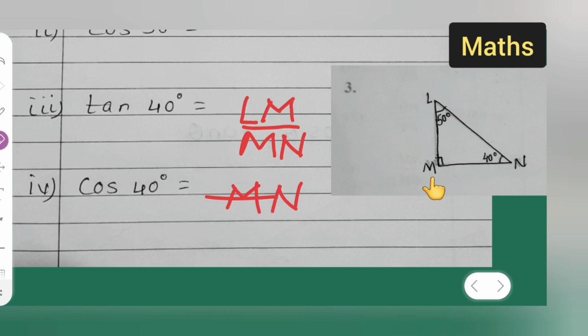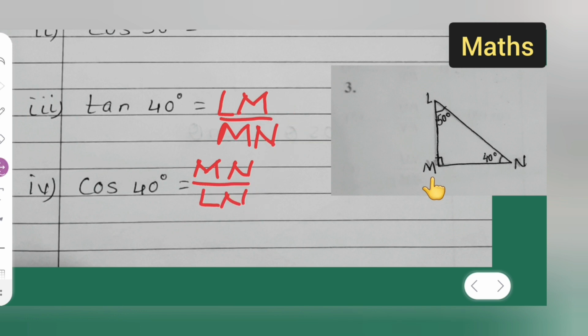So I can write it down. So it is Mn upon Ln, right? So this is, you all can write it down.